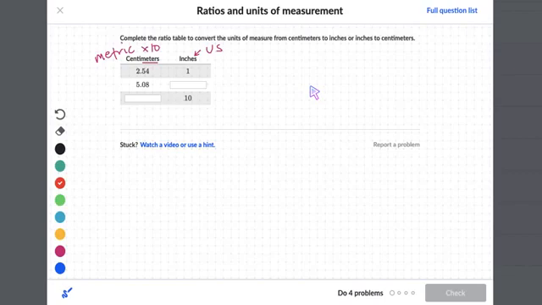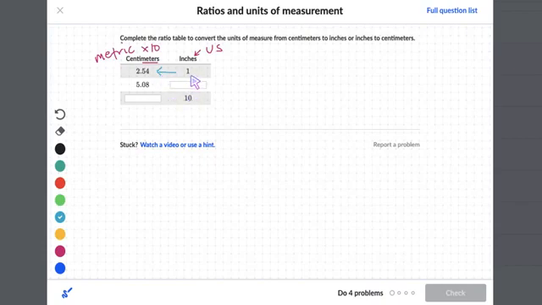So I need to look for relationships. I need to think to myself, okay, what is the relationship between centimeters and inches? Like, how do I change centimeters to inches? One thing you can think about is that multiplicative relationship.